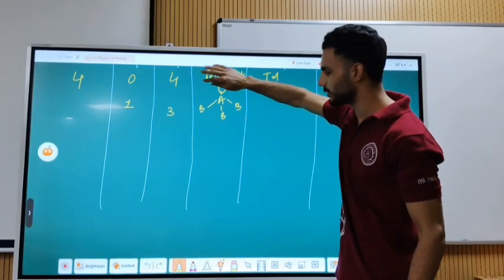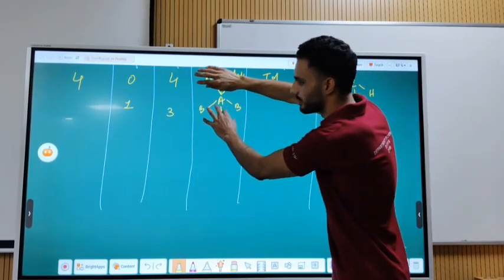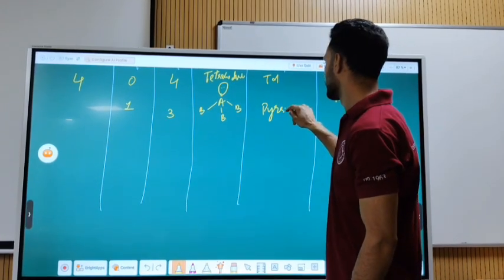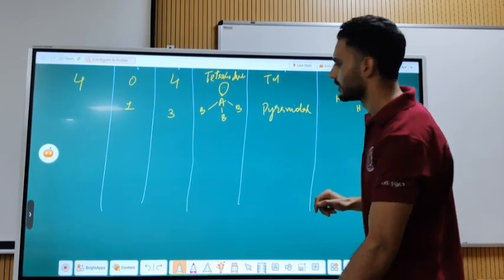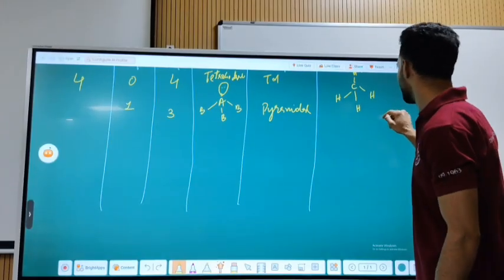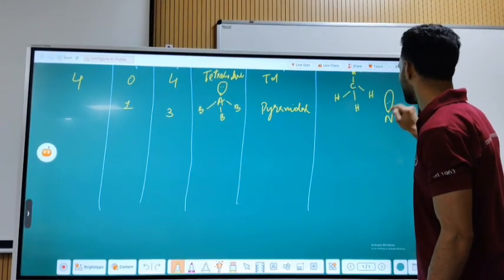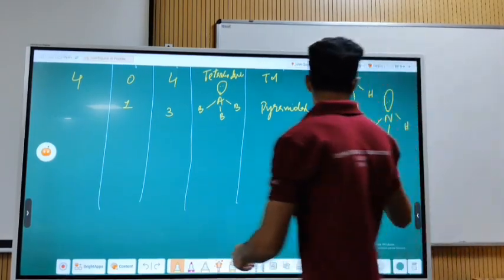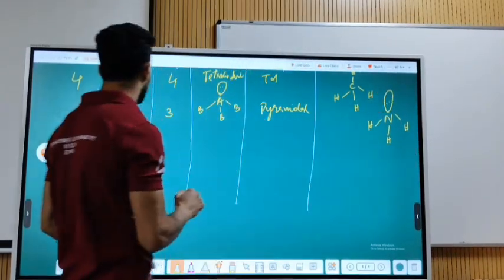The lone pair isn't included, so this looks like a pyramidal shape. What's the example? Yes, you got it right, ammonia. This is a pyramidal shape.